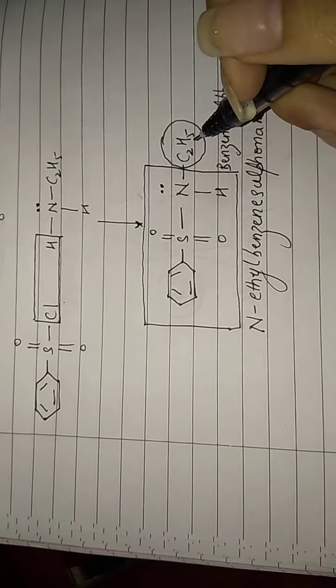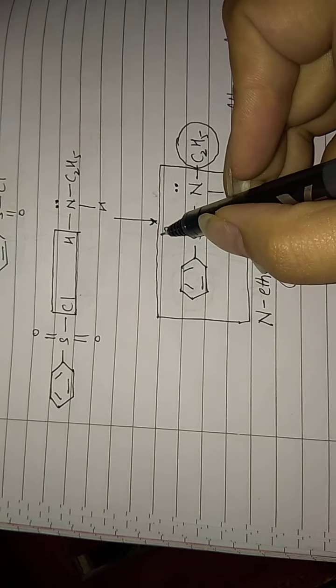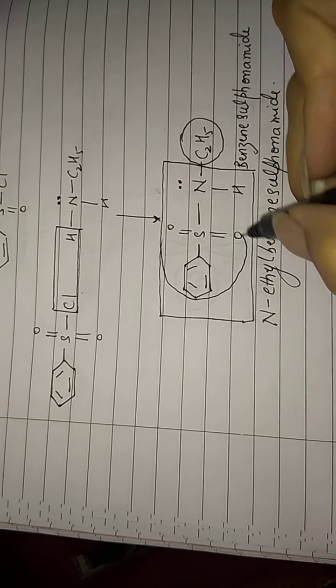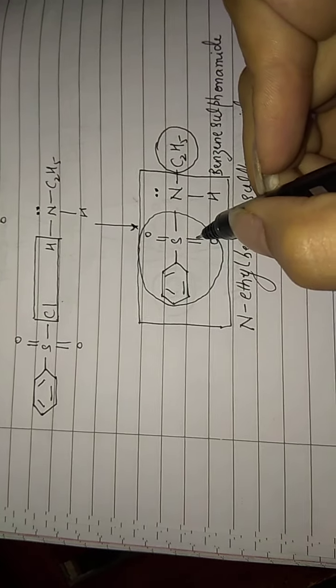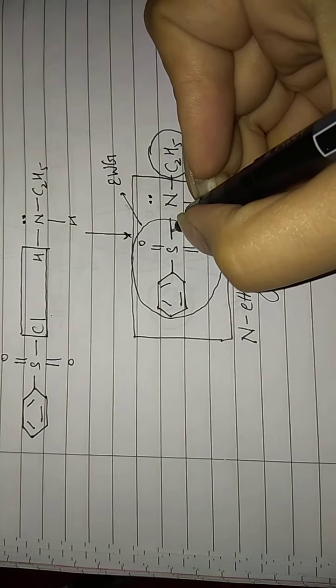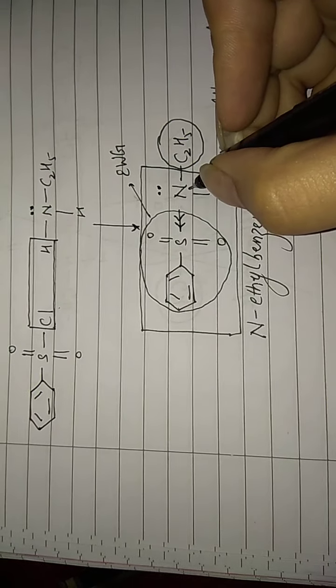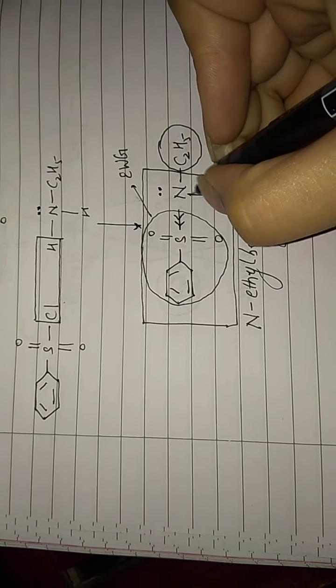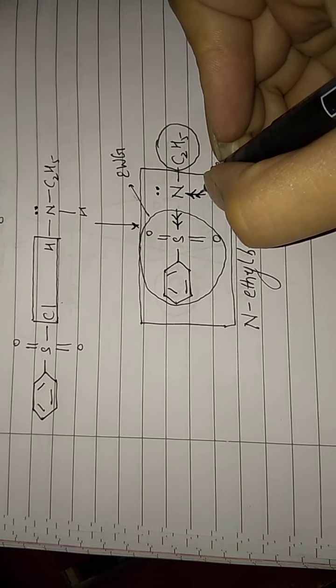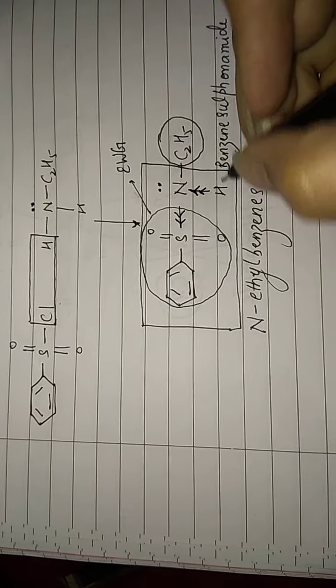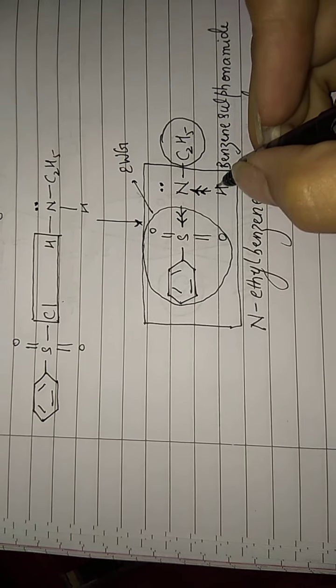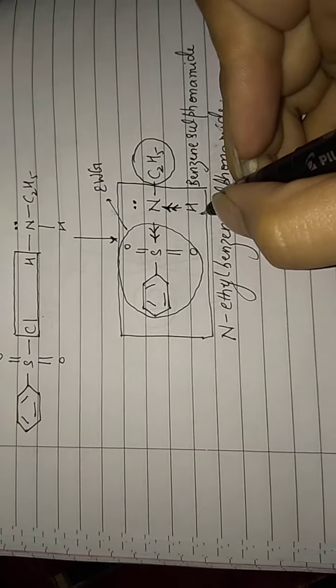Fine. Now a very important point of discussion over here is that this group, the benzene sulfonyl group, is a very strong electron withdrawing group. It withdraws electron density from the nitrogen atom, and in turn the nitrogen atom withdraws electron density from the hydrogen atom. So the release of this particular hydrogen atom becomes very easy.